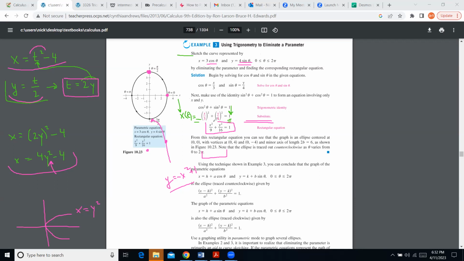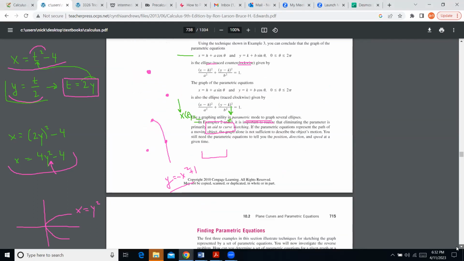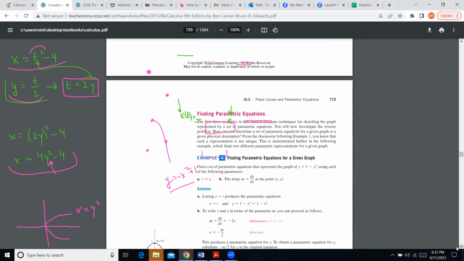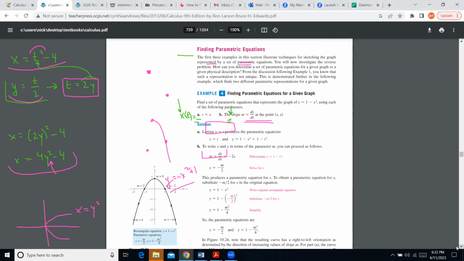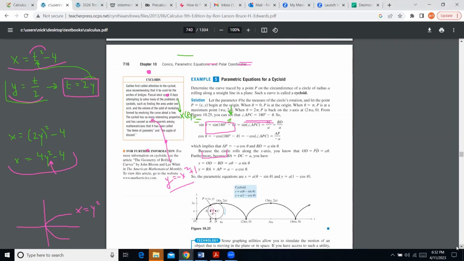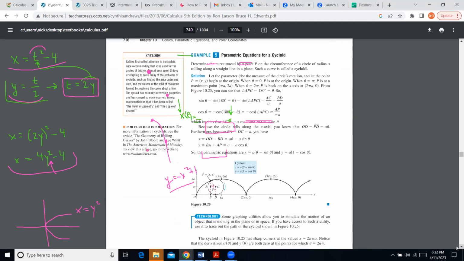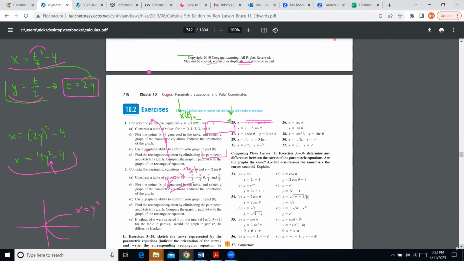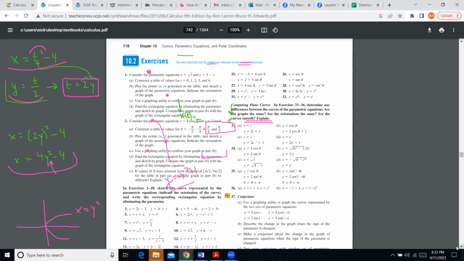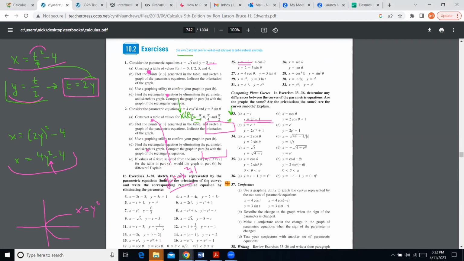Notice that again, it's not a function because it has y squared in it, right? So they have this nice way to parameterize. And that's what they're playing with in here. They parameterize various relations and functions. And I guess in section 10.2, we just get a little flavor for that.